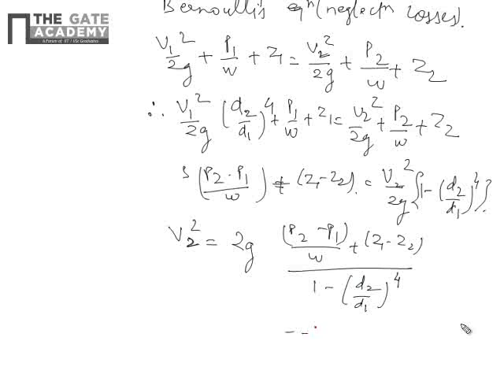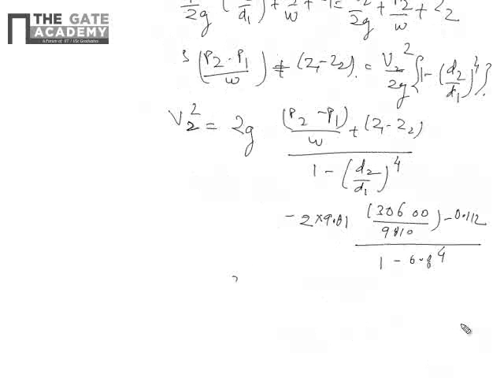So if you solve it further you have 2 into 9.81 into (30600 divided by 9810 minus 0.112) divided by 1 minus 0.8, that is the ratio of the two diameters, to the power 4. So if you see, V2 is equal to 10 meter per second.